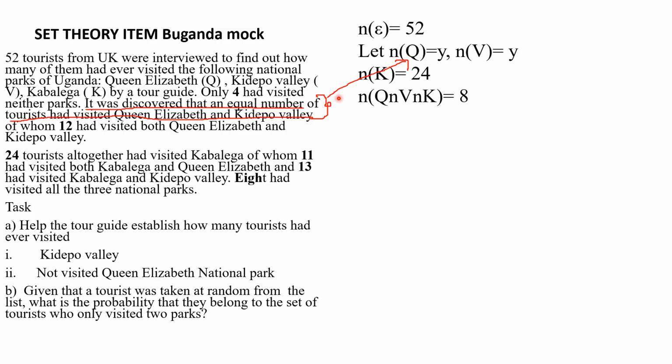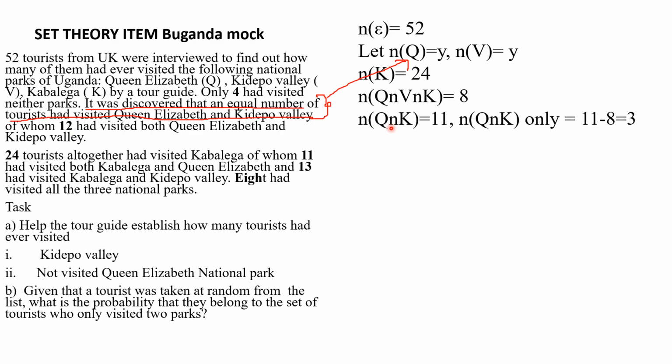The reason why I've brought the intersection of the 3 sets first is so that you may not think that the number who visited both Queen Elizabeth and Kidepo Valley only is 12, as you are going to see here.